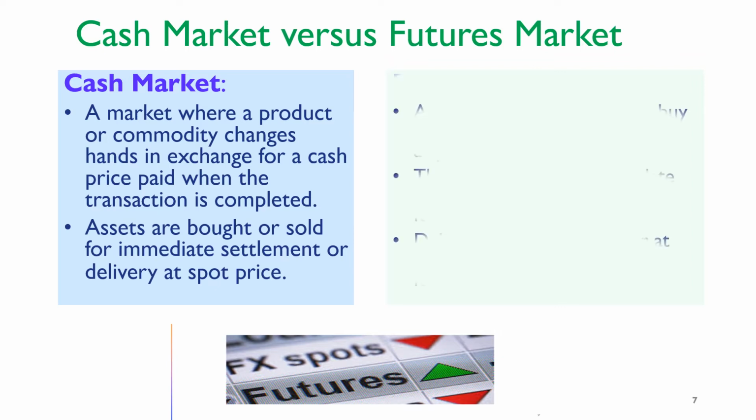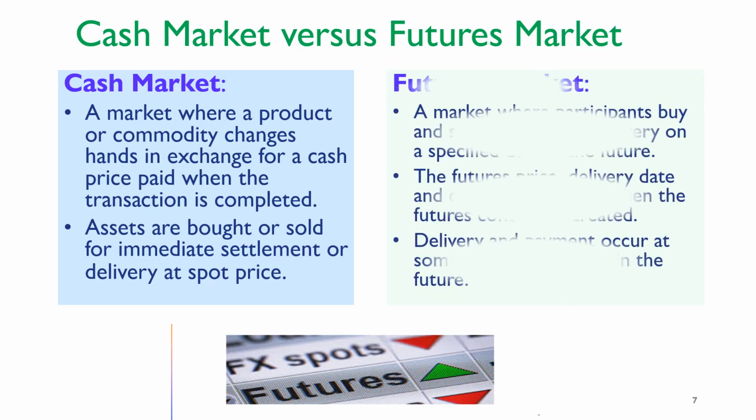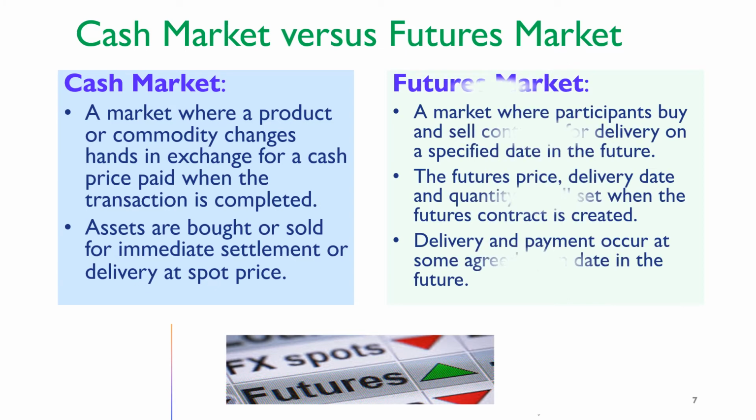Futures market is a market where participants buy and sell contracts for delivery on a specified date in the future. The futures price, delivery date, and quantity are all set when the futures contract is created. Delivery and payment occur at some agreed upon date in the future.